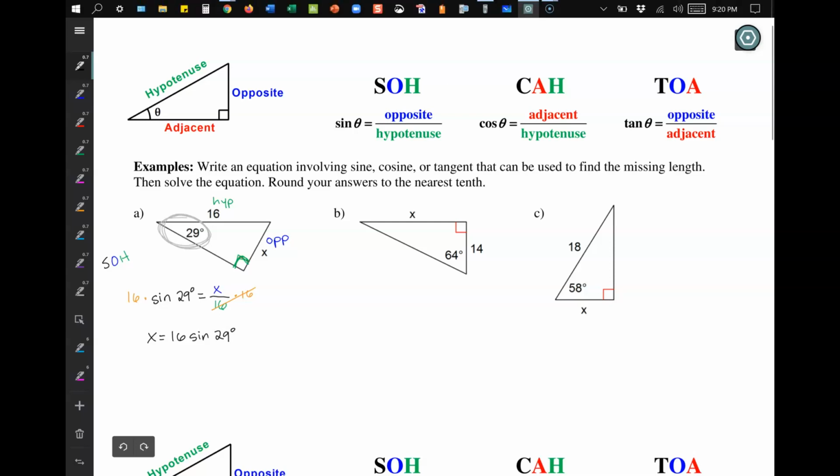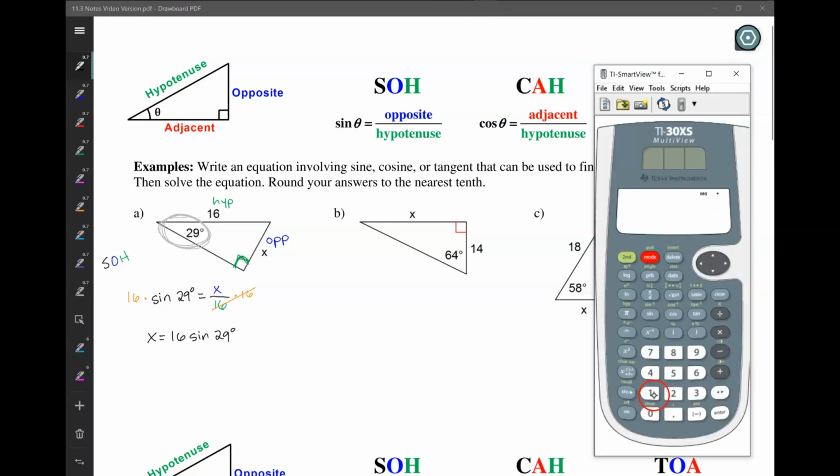That is what I'm going to type into the calculator: 16 sine 29. So that side length is about 7.8 units long. And it's good that that's shorter than the hypotenuse. It should be shorter than the hypotenuse. That looks reasonable.